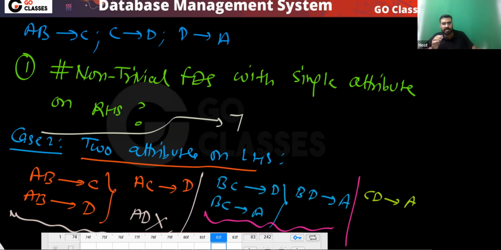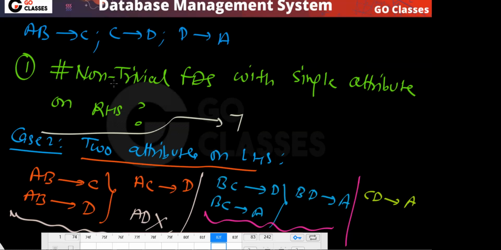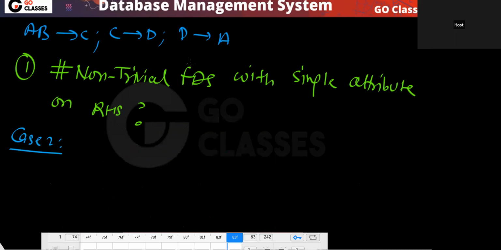Now, can you find case 3? In case 3, how many will we get?